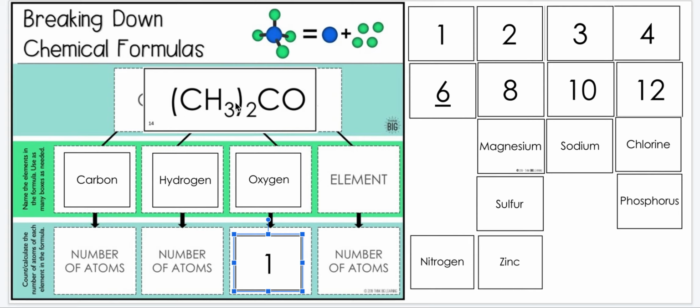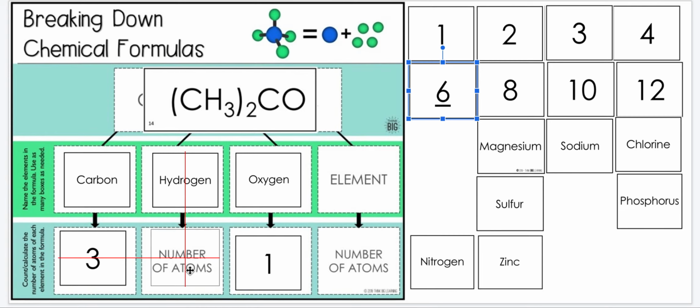If I look inside my parentheses, C has no subscript, so that's 1 times the 2 outside the parentheses. But I also need to add 1 more here. So I have 1 times 2 is 2, plus 1 is 3. For my hydrogen, I have 3 inside the parentheses times 2 outside the parentheses, and that is 6.